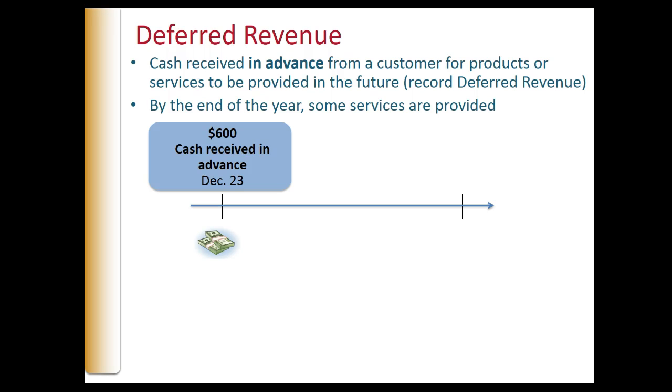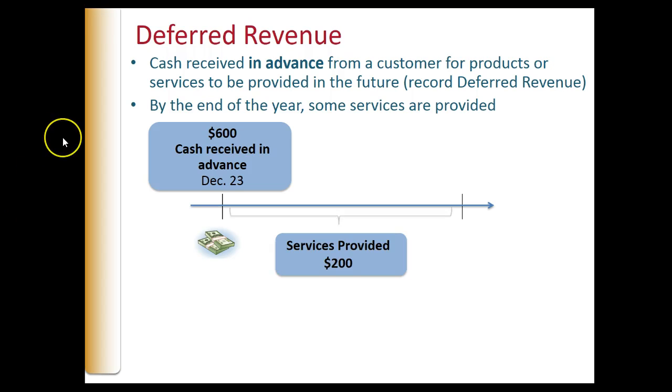So on December 23rd, Eagle received cash in advance from a customer of $600. At the time of this transaction, we credited deferred revenue, which is a liability. By the end of the year, $200 of those services have been provided. So we need to reduce the balance of deferred revenue for that amount. We do that with an adjusting entry.